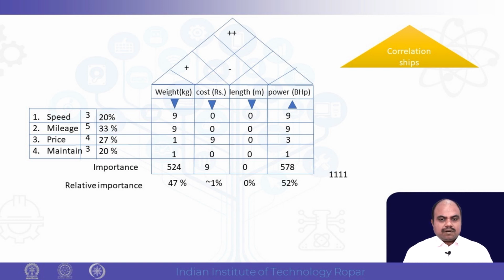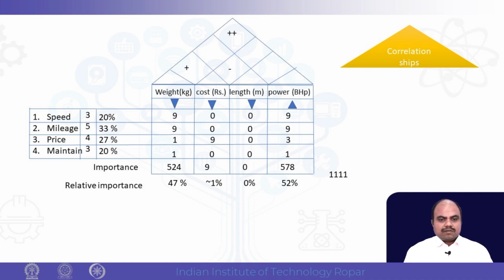Now when you put this matrix, and then weight, in terms of speed, the relationship between weight and speed is very high. 9 is the highest, 0 is the lowest, 1 is less, and 3 is in between.